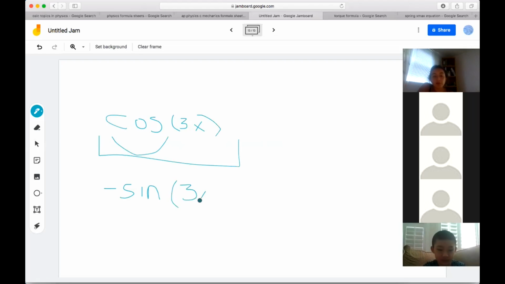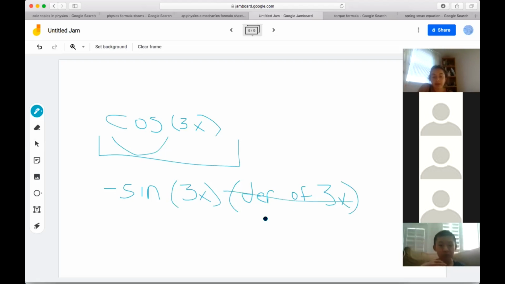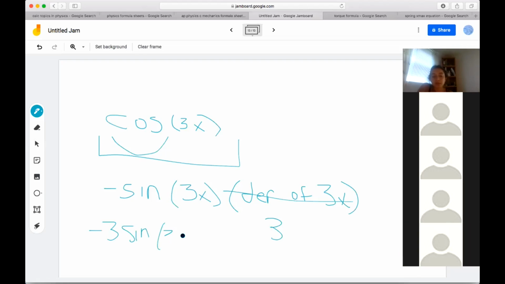The only difference is you have to take the derivative of 3x, and we know the derivative of 3x is just 3, as we went over before. So our final answer is negative 3 sine of 3x. And there's no plus c when you take a derivative, only when you do an integral.